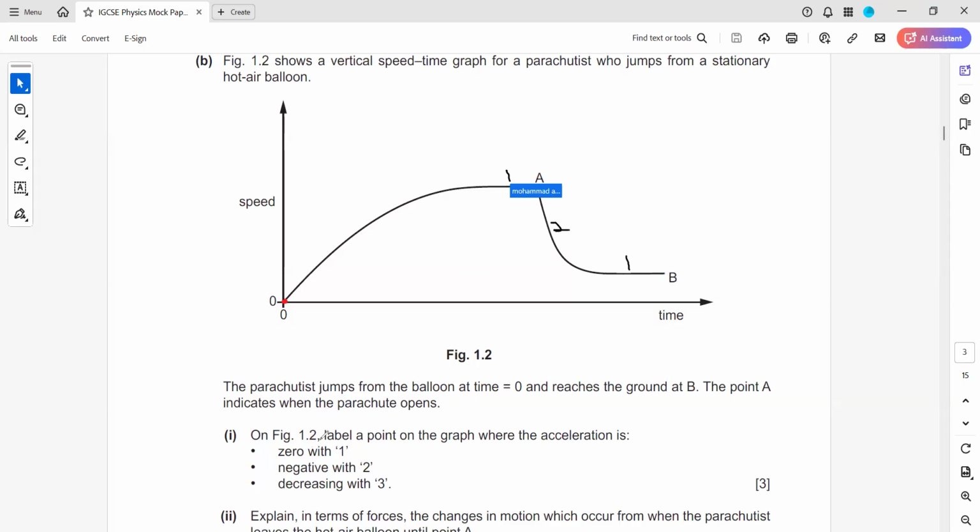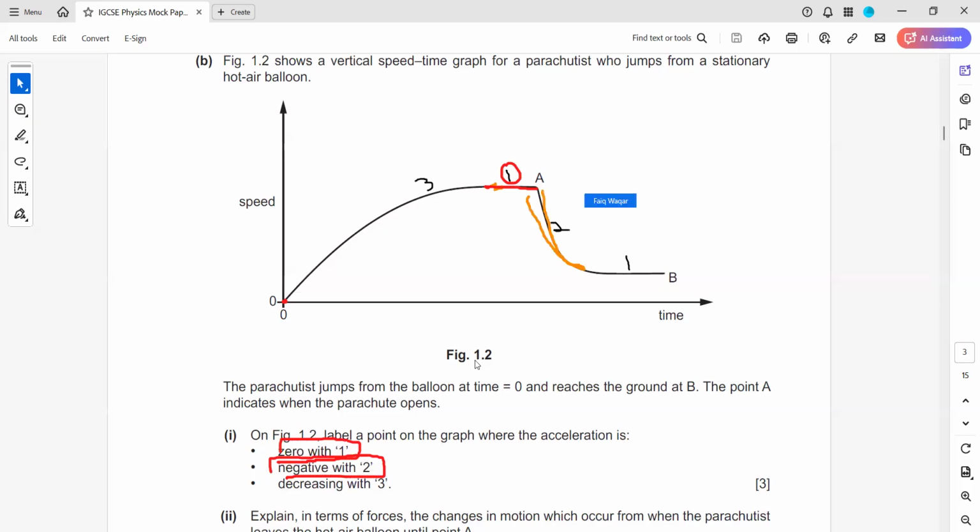On the figure, label on the graph where the acceleration is 0 as 1. Acceleration is 0 means constant speed. So it should be a horizontal line because the slope should be 0. So anywhere we can mark 1 here. Negative acceleration means deceleration, and deceleration means the speed decreases.